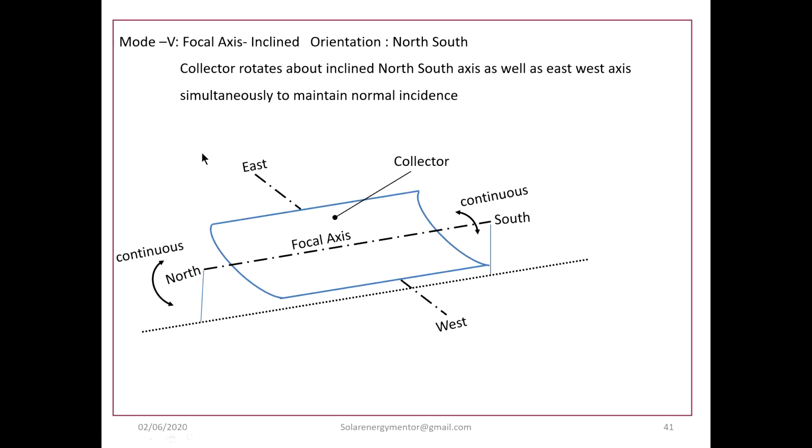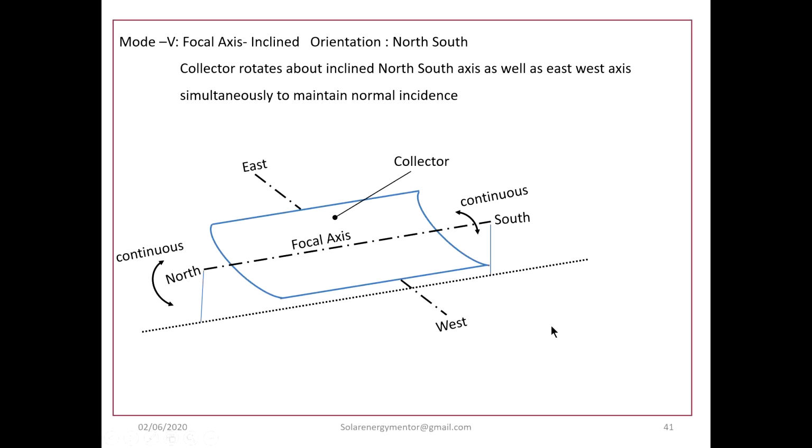Mode 5 of the tracking is a perfect one. It is a 2-axis tracking, because the focal axis is north-south. So this aperture continuously tracks about east-west, and simultaneously it tracks north-south also. So in both axes the collector rotates. The collector first rotates about the north-south axis, about its focal axis, and it rotates in this direction as well as in this direction.